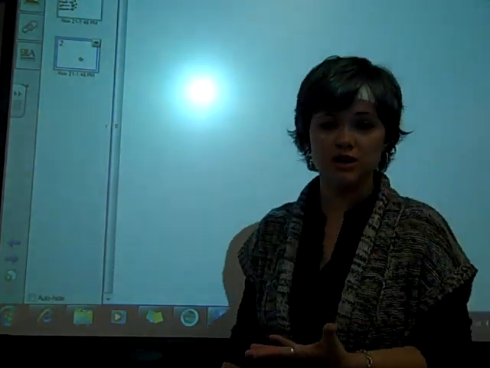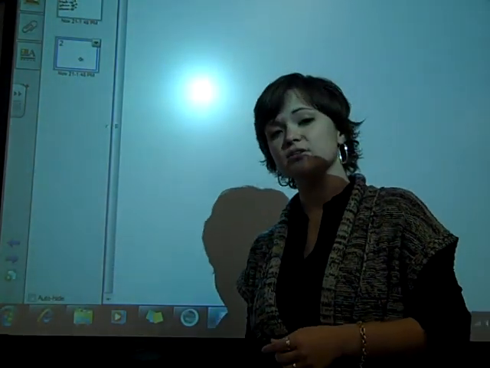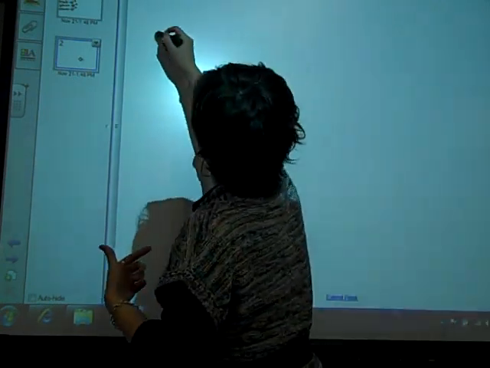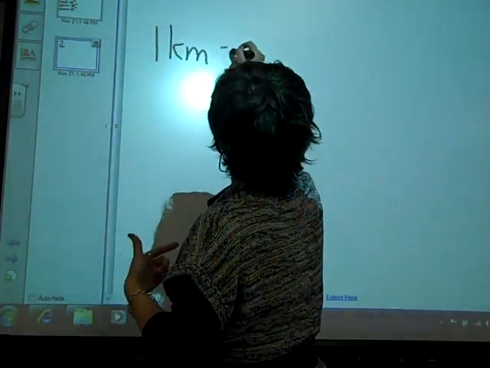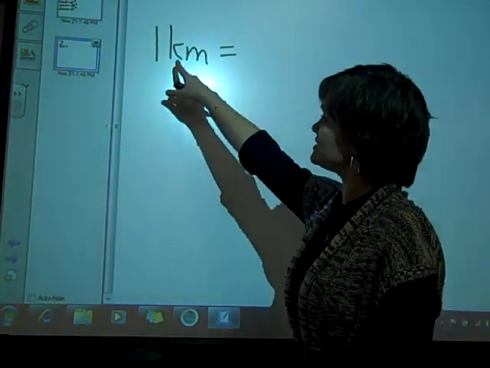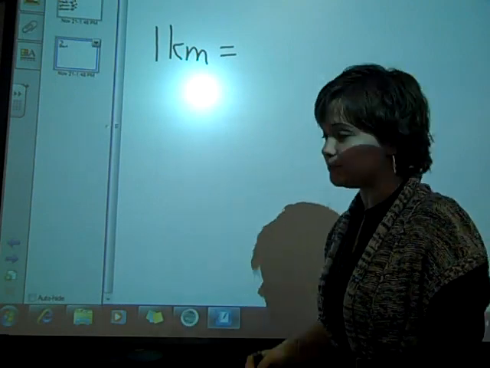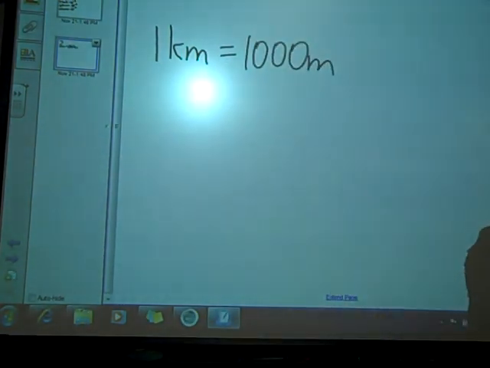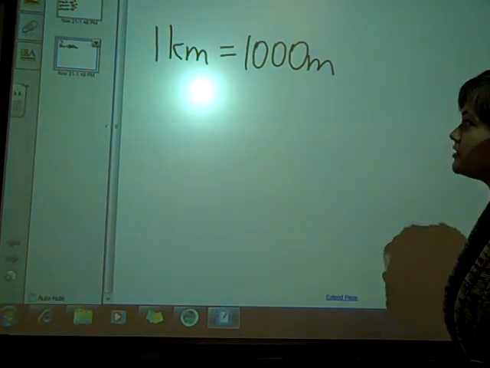We'll use meters just for the sake of argument, but these same prefixes, again, can be applied to grams, liters, whatever the case may be. So 1 kilometer. Remember, kilo literally meant 1,000. So if I replace the prefix with the number that it means, this is the same thing as 1,000 meters.